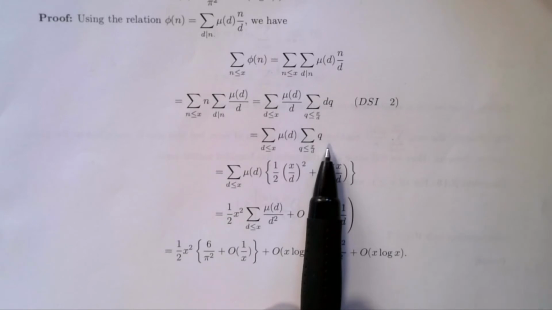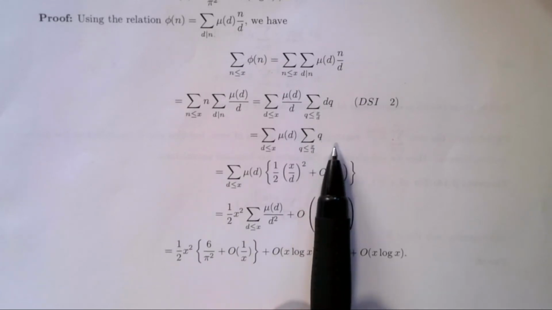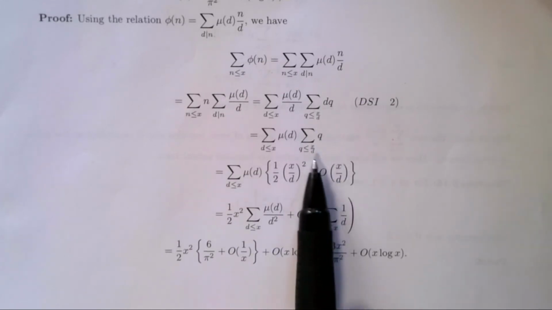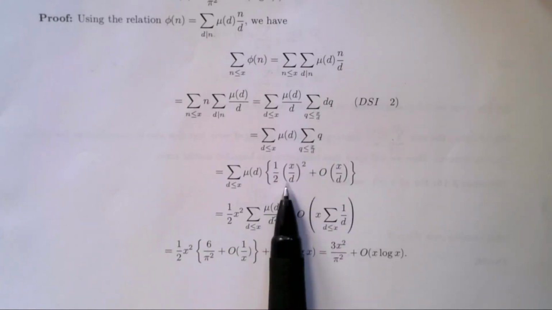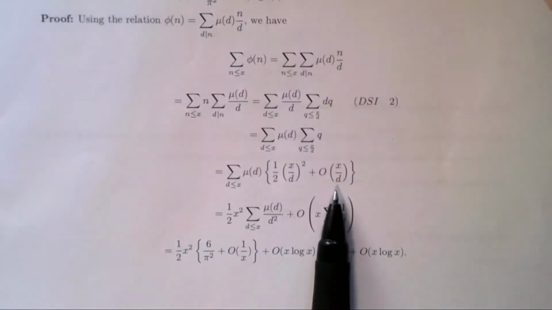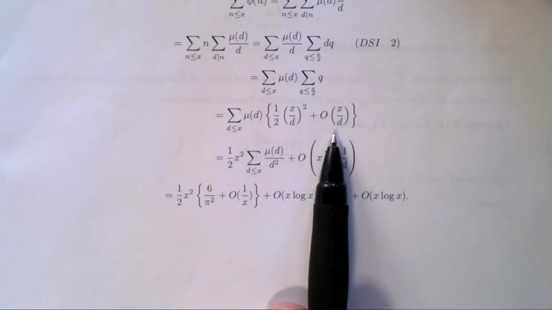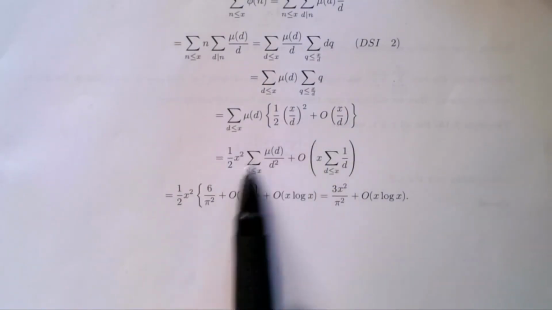And then exactly as we saw before, this is just a simple arithmetic series, its sum is 1/2 floor of x over d times floor of x over d plus 1, and as we did before, we can write that as a half of x over d squared plus big O x on d. It's the same calculation we did looking at sigma. Finally then, just simplify this a little bit, we can take the half out, we can take the x squared out, I get mu d on d squared.